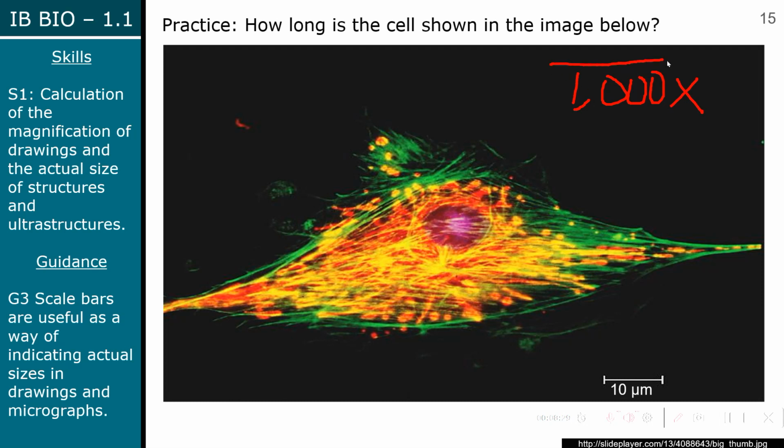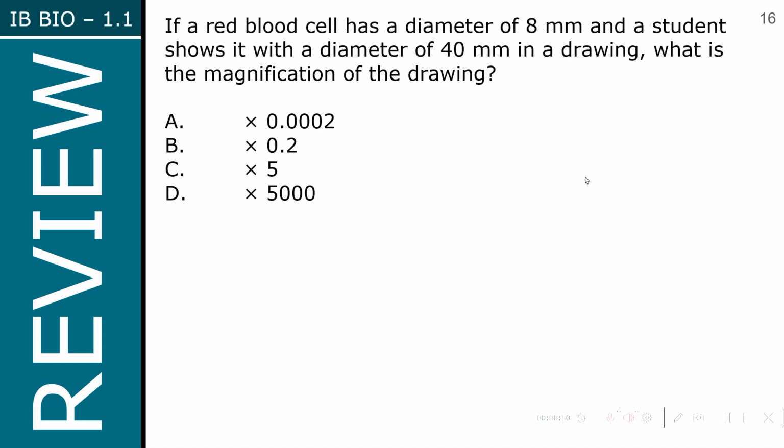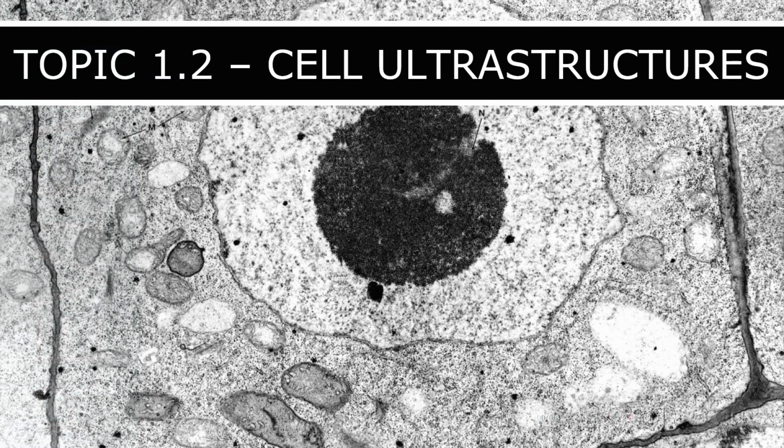So AIM means I put it on the bottom. I would measure this with my ruler, right, and say it's like 1 centimeter. So if I divide that, that would give me my actual size of that nucleus or anything that I had in between there. So that's how we handle those magnification problems, and you will see them also on paper 3.